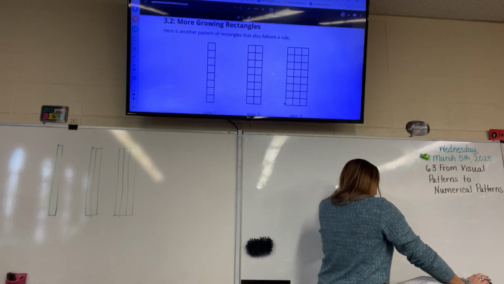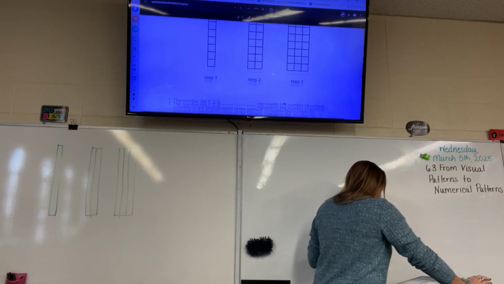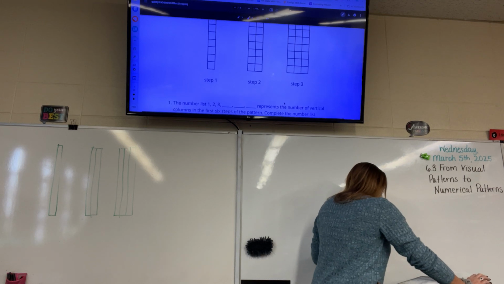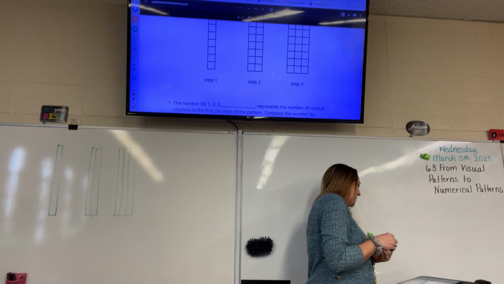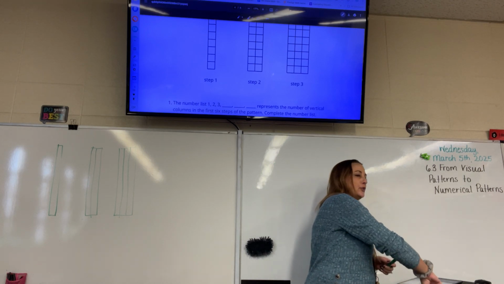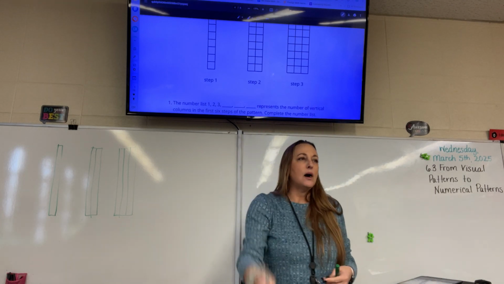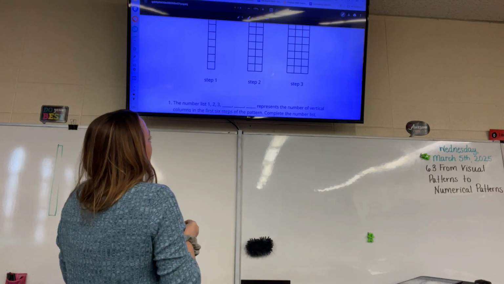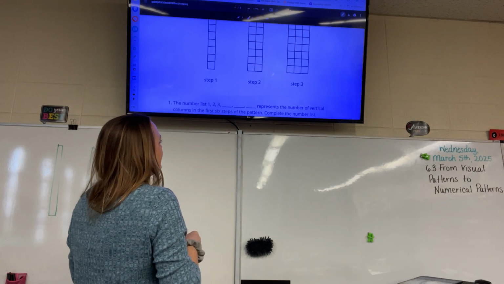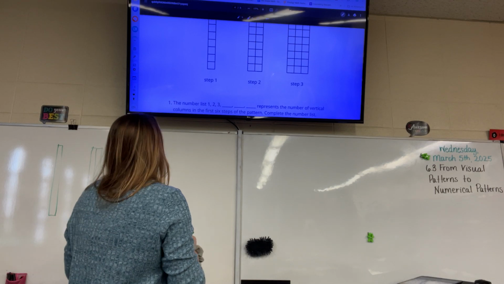Here's another pattern of rectangles that also follows a rule. The number list 1, 2, 3, blank, blank, blank represents the number of vertical columns. Vertical meaning up and down. Columns are also up and down. In the first six steps of the pattern, complete the list.